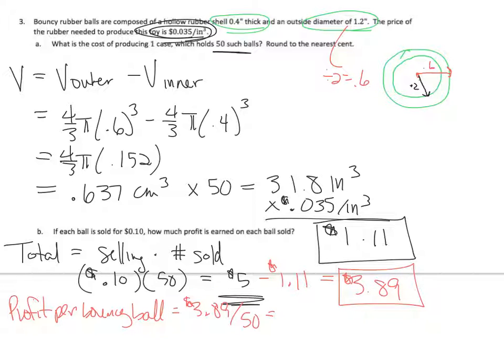Sorry, 3.89 divided by 50. A whopping 8 cents per unit, per 1 bouncy ball. Okay, about 8 cents, because that rounds. That's an 8.